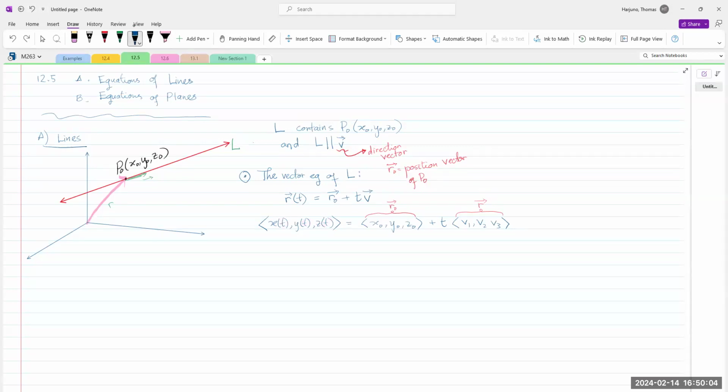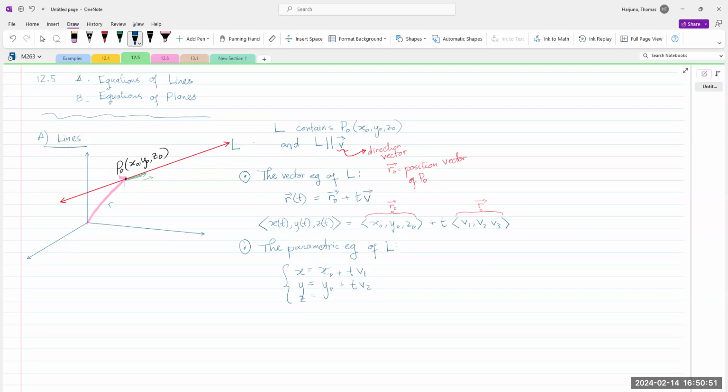From that vector equation, we come up with the parametric equation of line L. You learned parametric equations in calculus 2, supposedly. Notice that I basically rewrite that vector equation in components. So x component will be x0 plus t v1. The y component will be y0 plus t v2.